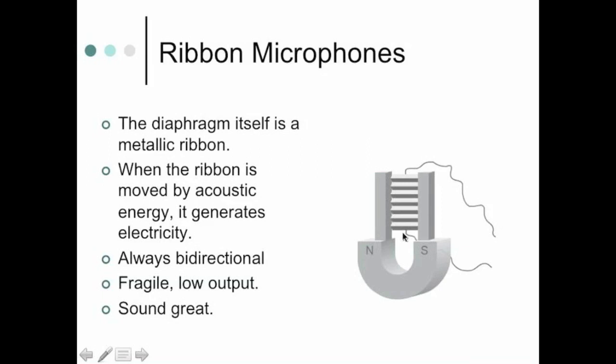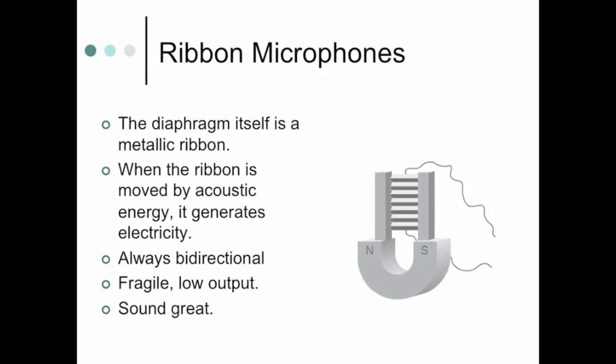There's a permanent magnet, and then there's a diaphragm, and the diaphragm is a piece of metal. So you could consider it like a wire, except it's flattened out, and it's very thin and light. And when air hits it, it moves in a magnetic field and creates a small amount of current. So it's very sensitive because the entire diaphragm is actually passing through the magnetic field, creating the electrical flow.